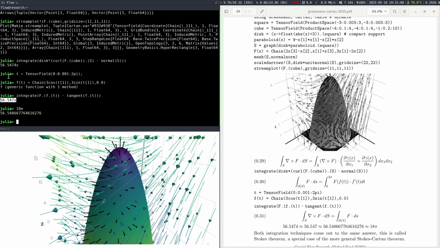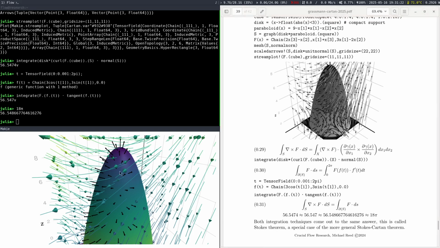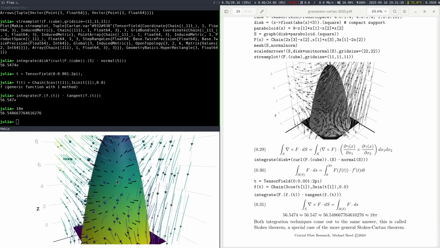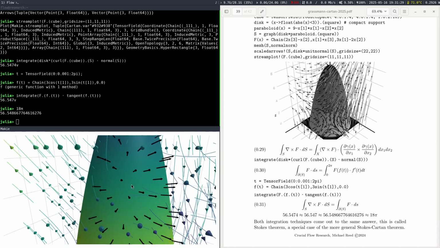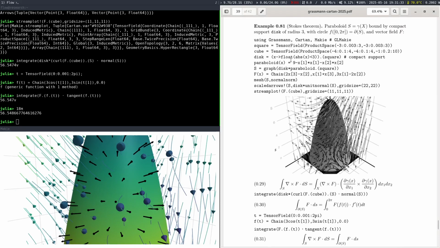So yeah, it's a nice integral approximation. We have these two different integrals, and we can see that the result is the same. And we computed it numerically using these TensorField representations. So you could technically verify this using just any general tensor fields. It doesn't have to be generated from a paraboloid that has a nice formula like this, and it doesn't have to be a vector field that has a nice formula like this.